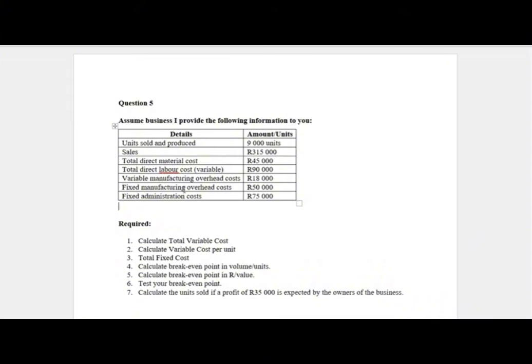Number 1 was fixed manufacturing overheads cost. Number 2 is fixed administration costs, 75,000. So we add 75,000, and how much are we getting right there? How much is our total fixed cost?